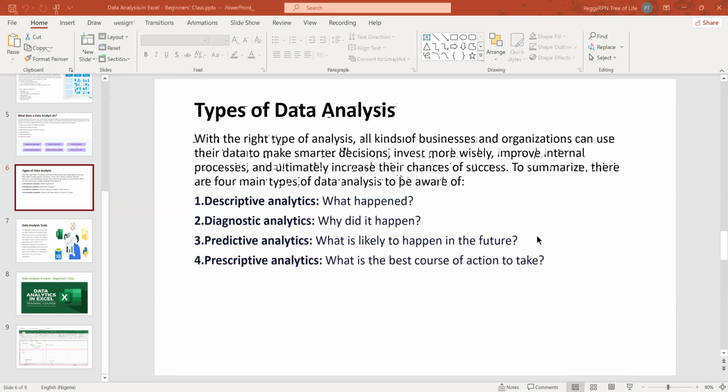For me personally, I'll put it this way. Who takes up the job role, who is the person in charge of data analysis in a company? What do you call the person? A data analyst.